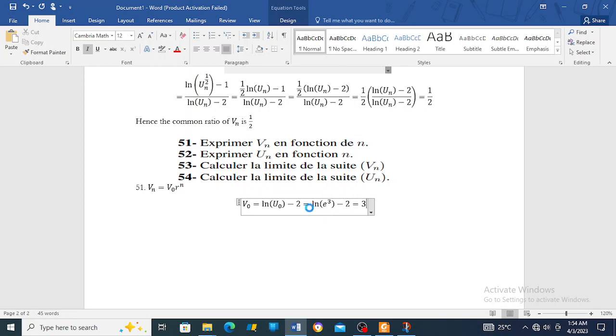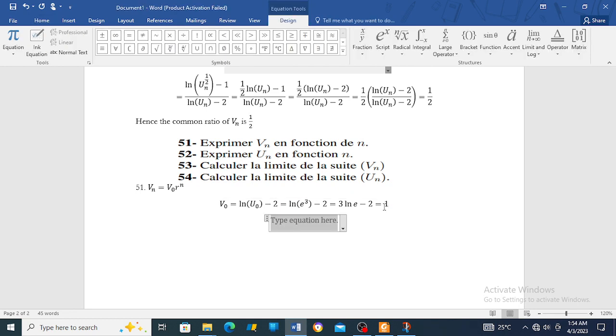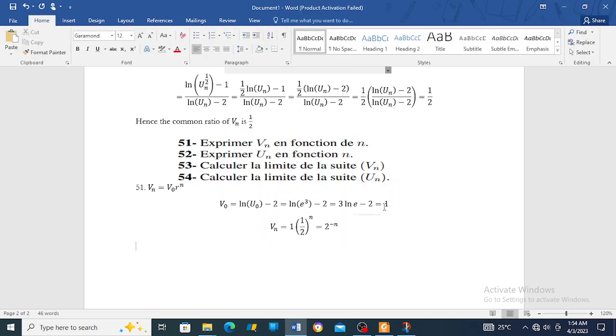But ln e cubed is 3 ln e, minus 2. And ln e is just 1. Times 3 is 3, minus 2 is 1. Okay, so it means that our v of n is equal to v0, which is 1, times our common ratio 1 on 2 raised to the power n. So at the end we can write it as 2 raised to the power minus n.